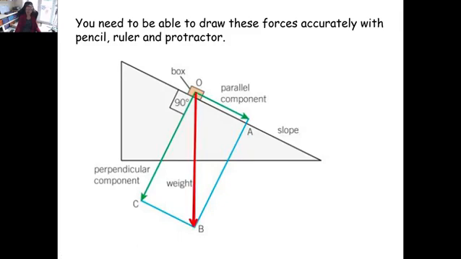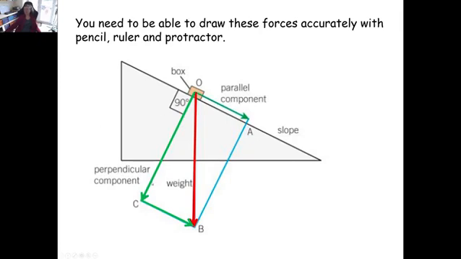Okay, let's look at that in a little bit more detail. There is the weight acting straight down. Here is our parallel component, and here is our perpendicular component. And you can see how when we add that parallel and perpendicular component together, the result is the weight. So if we move that down to the bottom there, we've added those two vectors together.